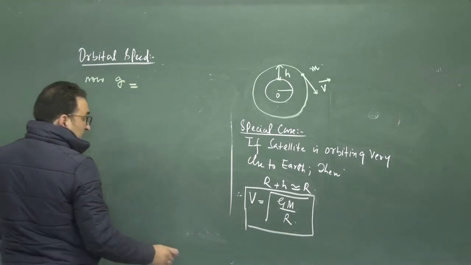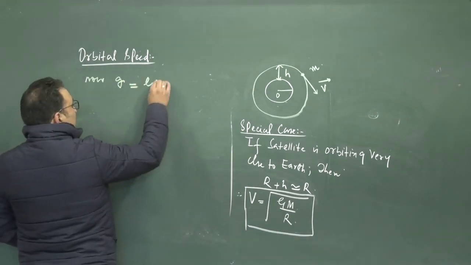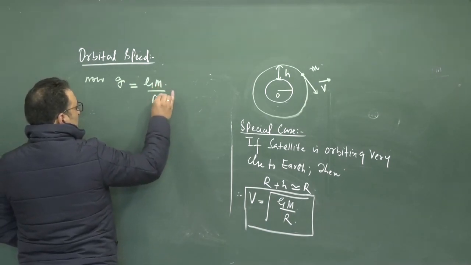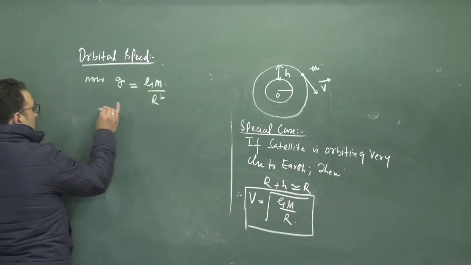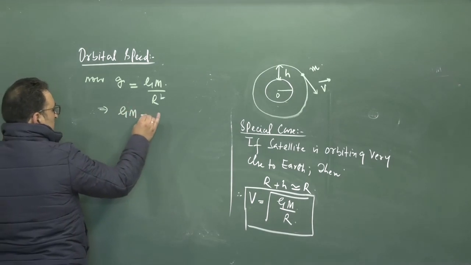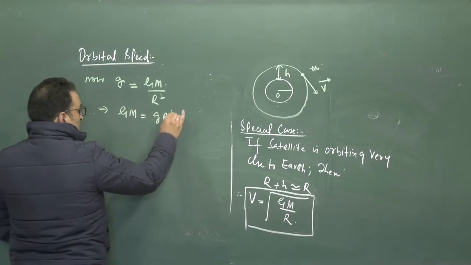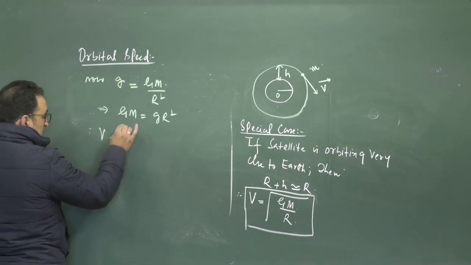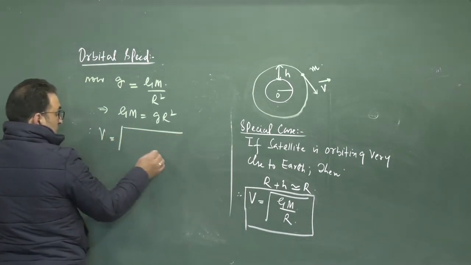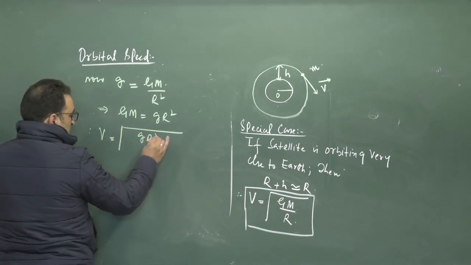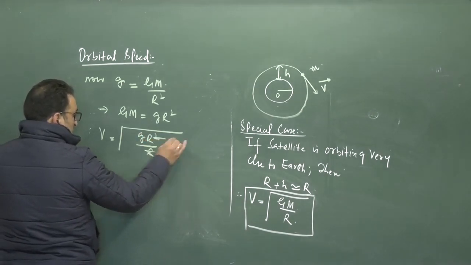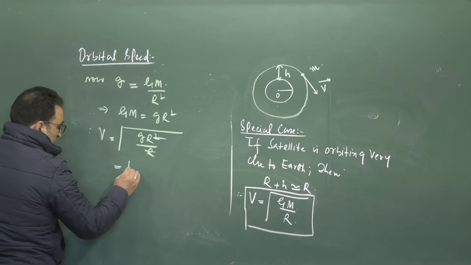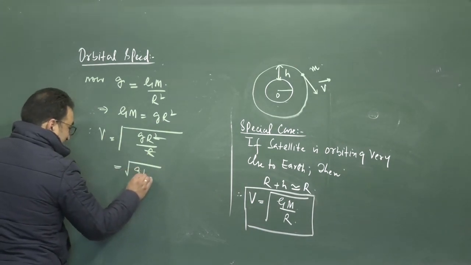Acceleration due to gravity is given by GM by R square, which implies GM comes out to be gR square. Therefore, v equals, instead of GM I can write gR square by R. One R cancels, we are left with under root of gR.